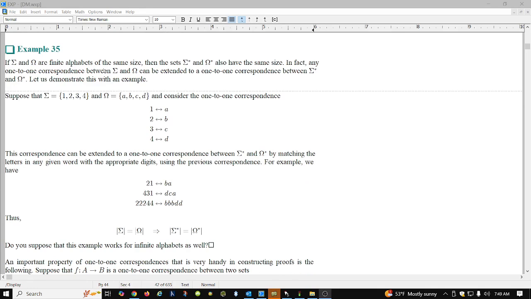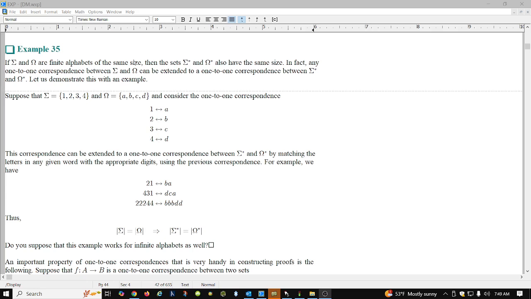Here's another example. If sigma and omega are finite alphabets of the same size, then these two sets, sigma star and omega star, all the words over those alphabets, also have the same size.